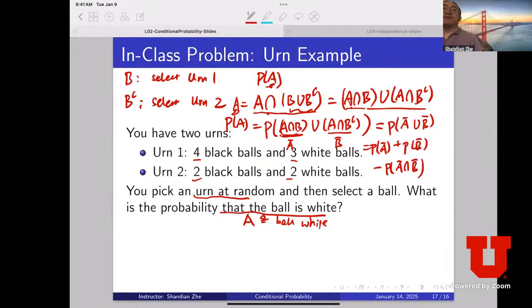It's just an application of the aforementioned inclusion exclusion rule, nothing else. So now the question is, what is A bar intersection with B bar?